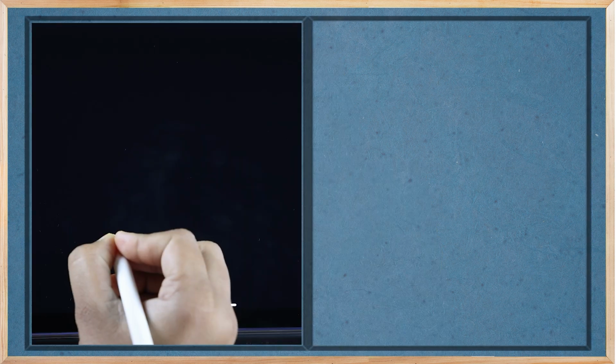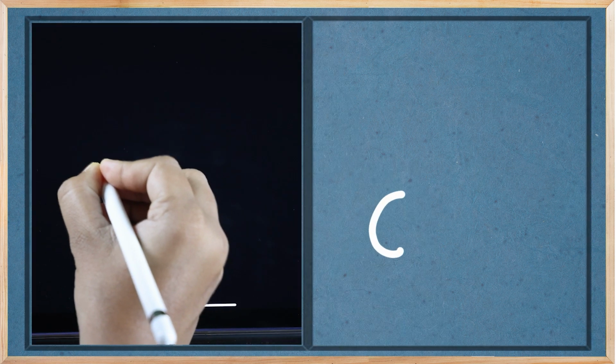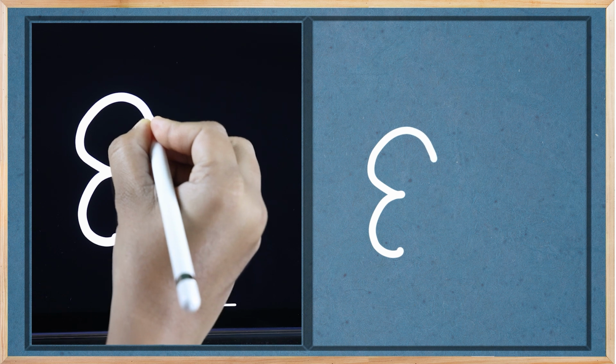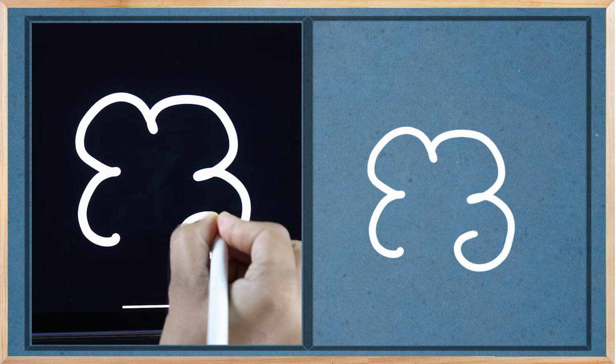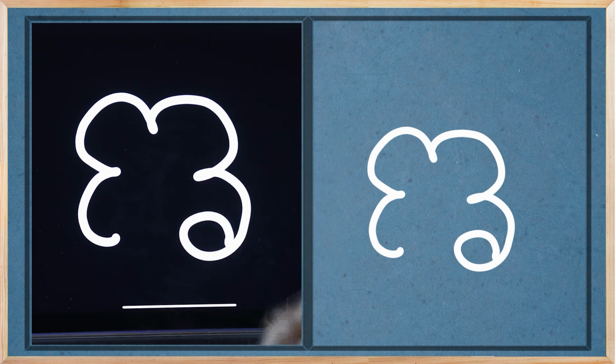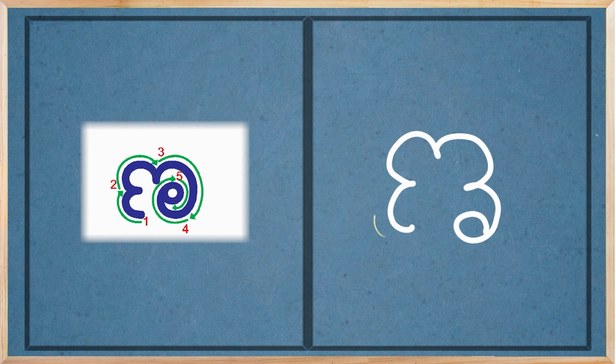Na. To write this letter, start at the base line and draw 2 semicircles facing right. Follow with another set of 2 semicircles continuing down to the base line. It is written in a single stroke.